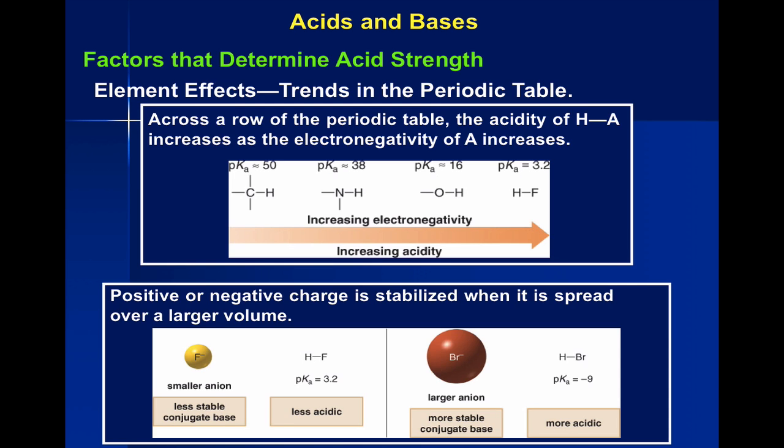So last time we talked about when we're going to compare acids. Let's say we're looking at HF versus H2O. How do we compare those in terms of acids? We look at the conjugate bases. We know that the conjugate base of HF is F minus, and the conjugate base of H2O is OH minus. Now, based on that, which one of those conjugate bases is the most stable? F minus or OH minus?